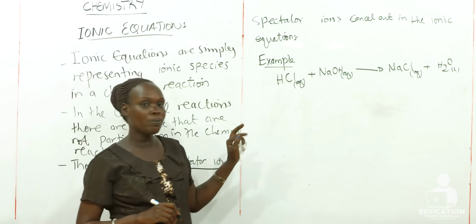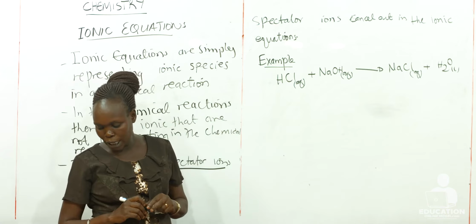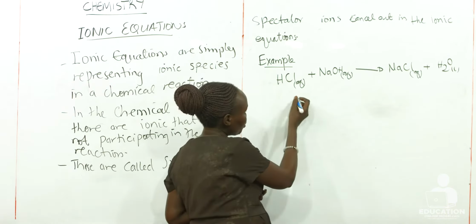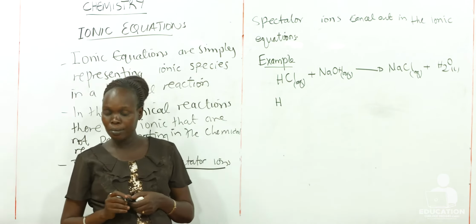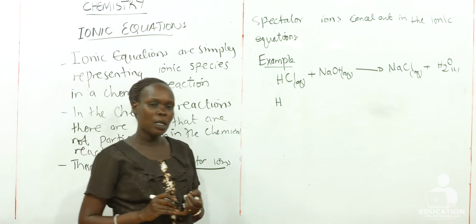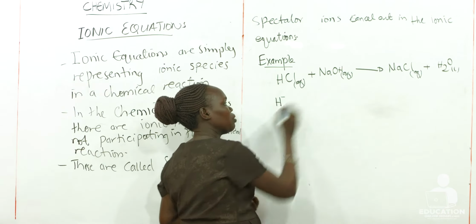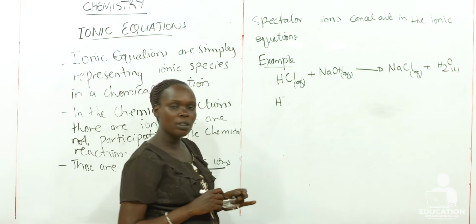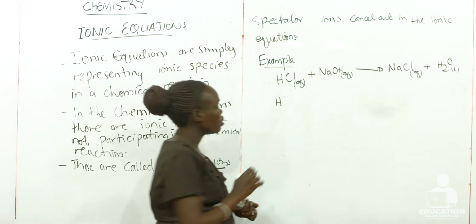In this reaction there is an ionic reaction, where we have hydrogen ion, chloride ion, and sodium ion. We have to dissociate the aqueous solutions, then we shall see which ones are spectators and which ones are not.